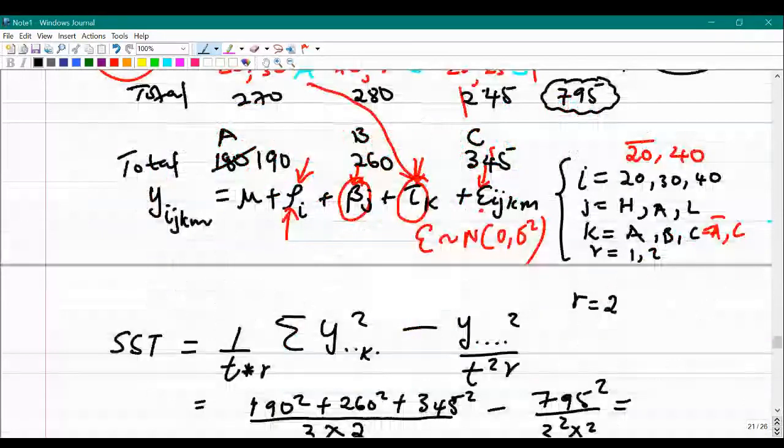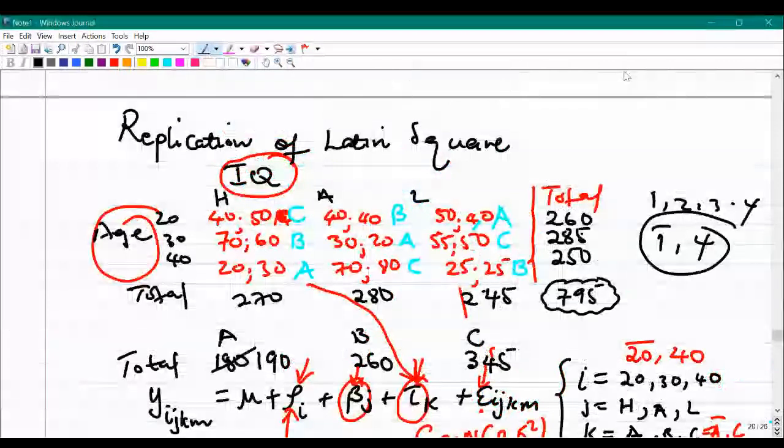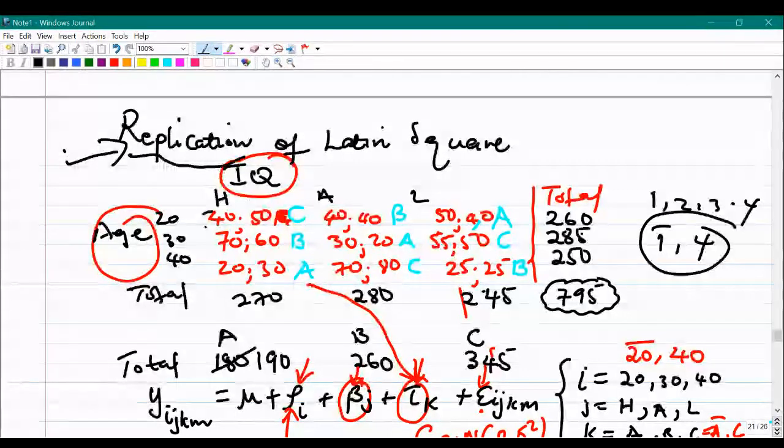Okay. So for those who missed our class yesterday, we introduced another layout of Latin, but now in each and every cell we have replication of some values.